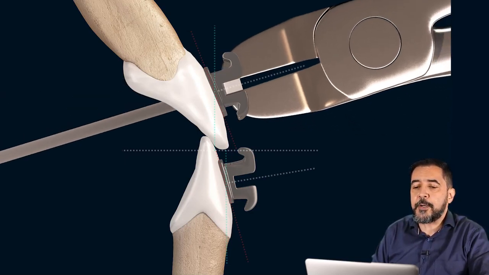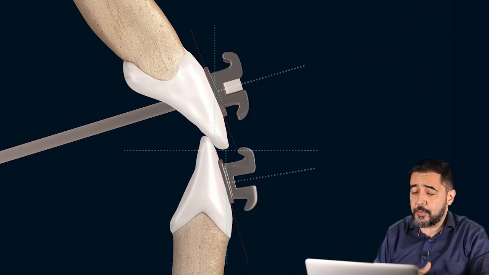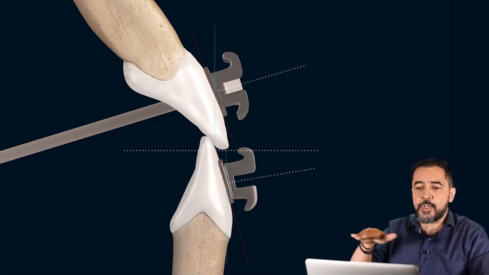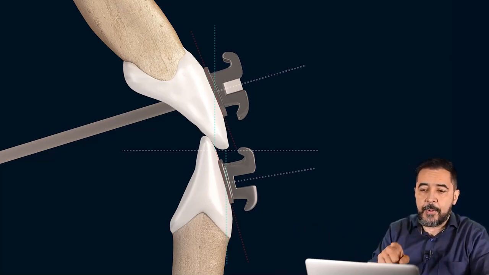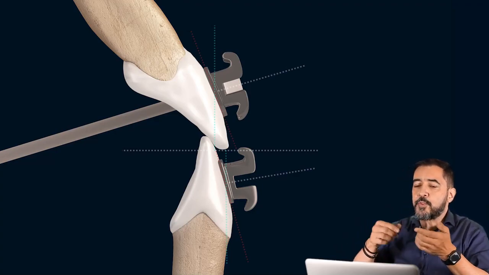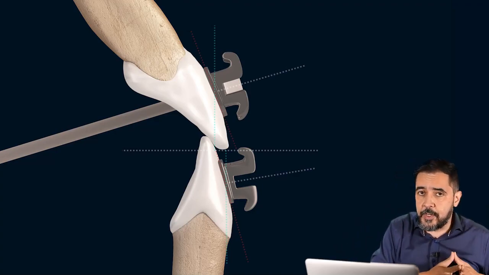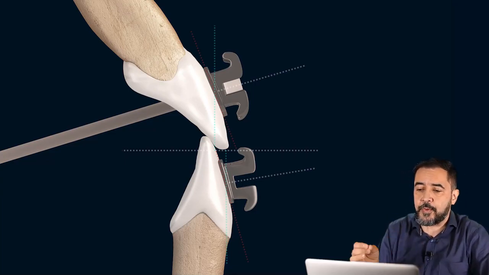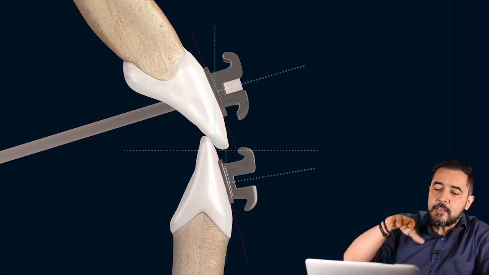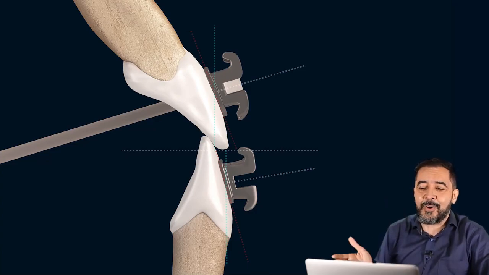So we insert the rectangular arch wire inside the slot, which is 15 degrees inclined related to the horizontal plane. Remember, 15 because we have 22 degrees in this example, and 22 minus 7 gives 15 degrees of difference, okay? This difference will play a very bad role in our treatment.